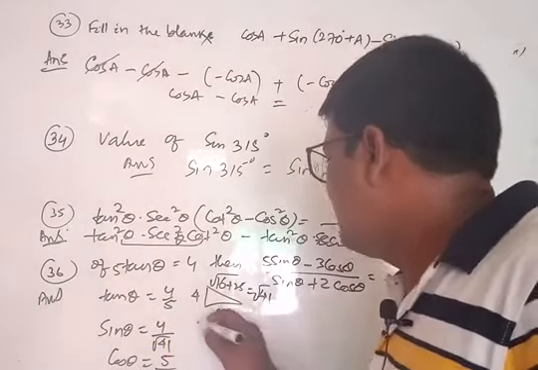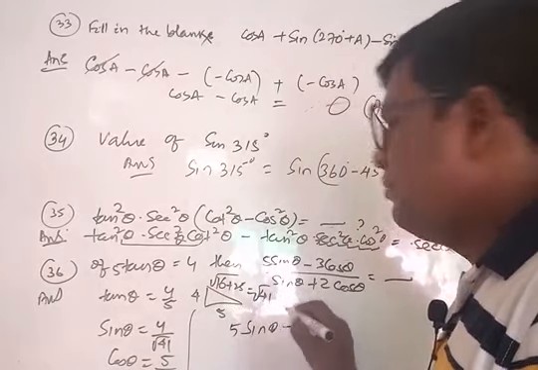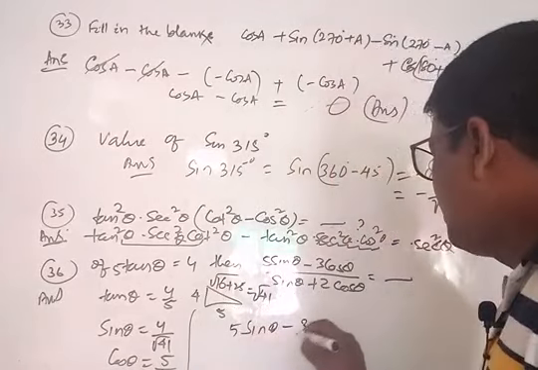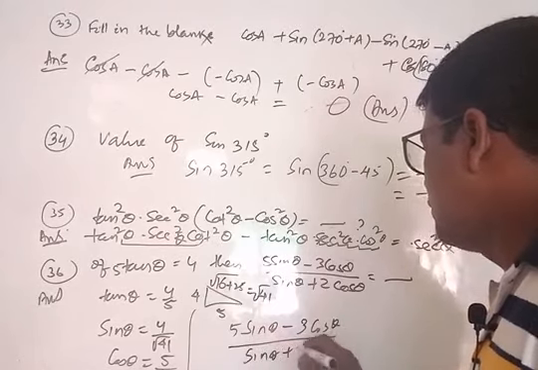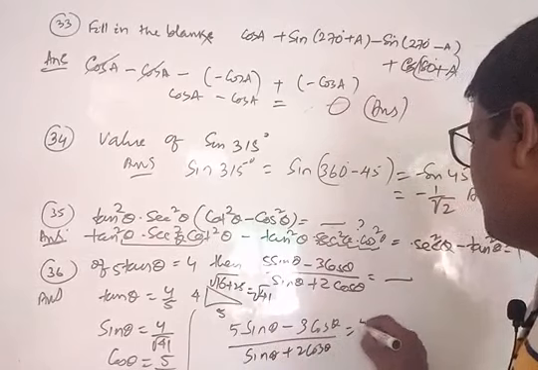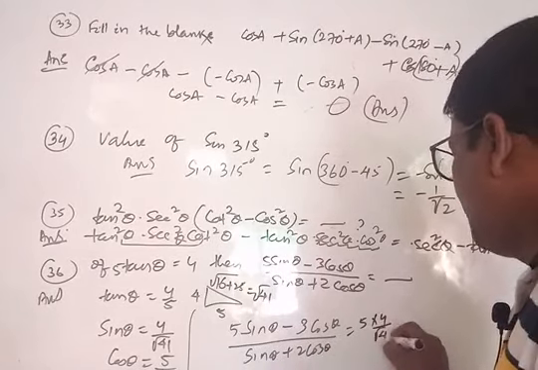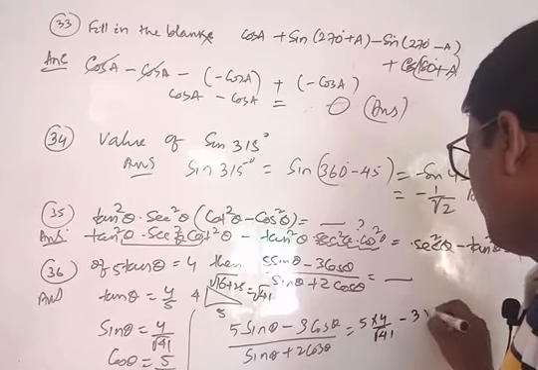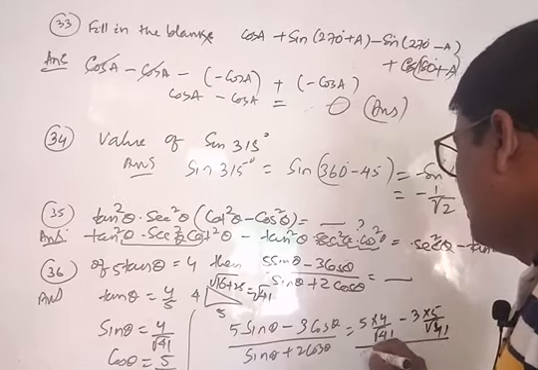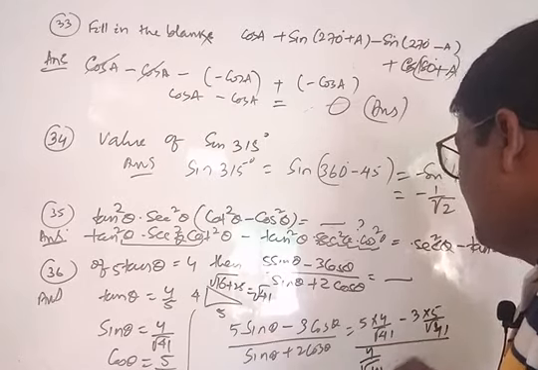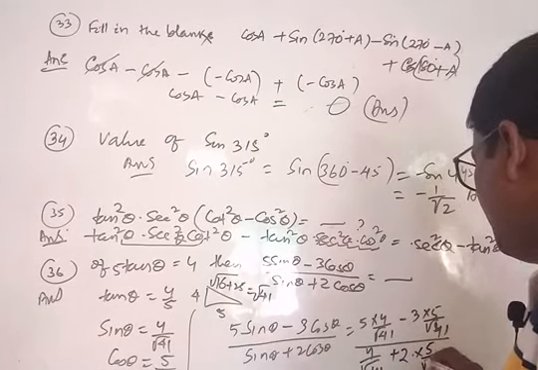And apply this into 5 sin theta minus 3 cos theta divided by sin theta plus 2 cos theta. Put the values: 5 into 4 by root over 41 minus 3 into 5 by root over 41, divided by 4 by root over 41 plus 2 into 5 by root over 41.